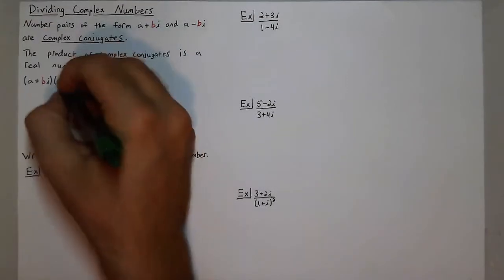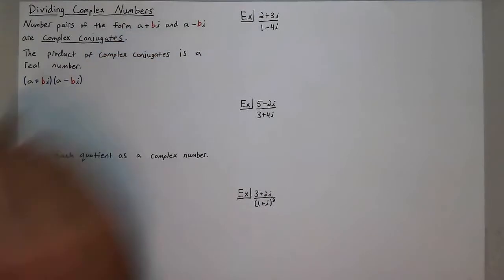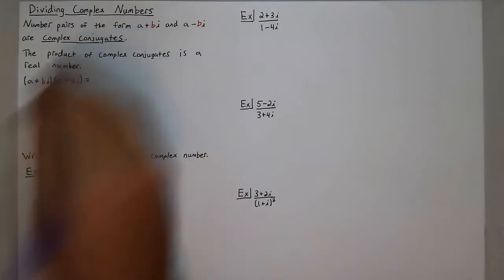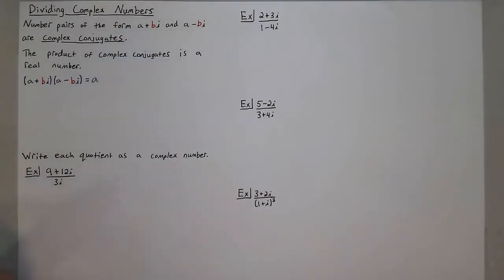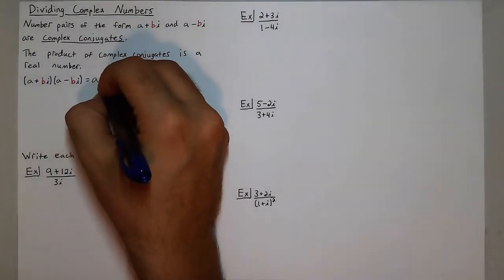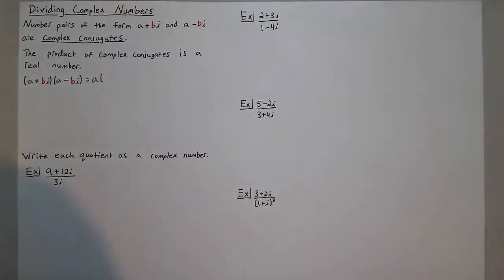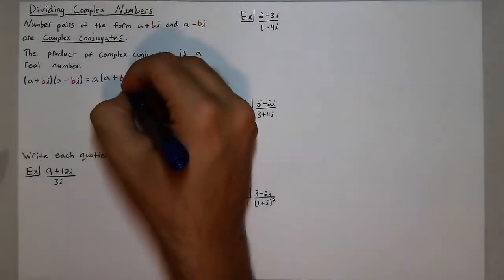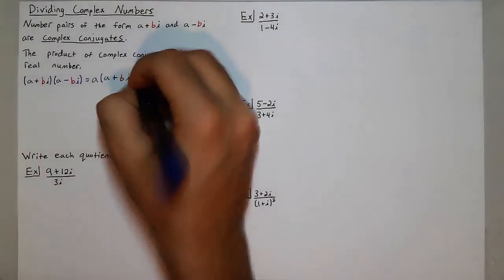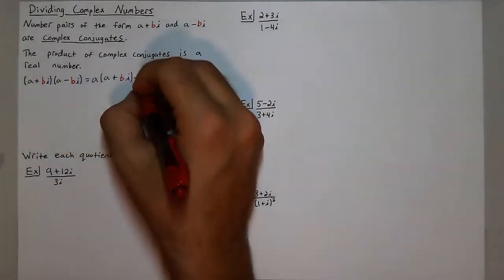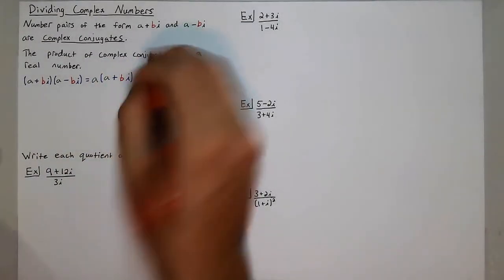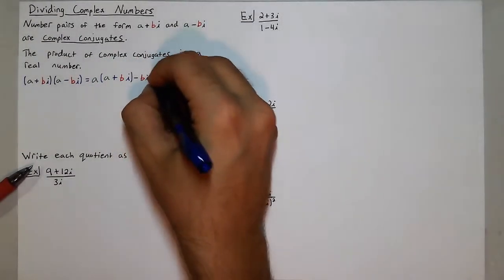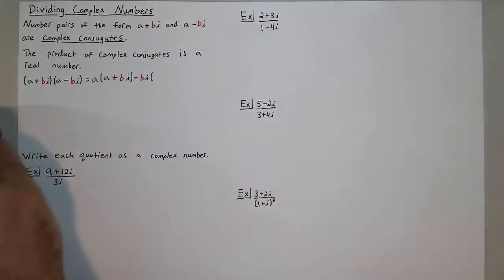So I'll have a minus bi times a plus bi.